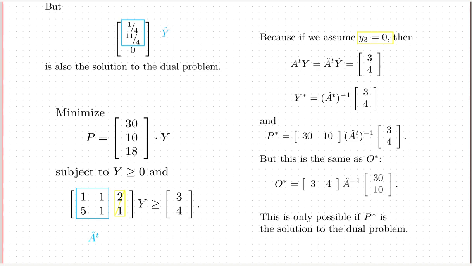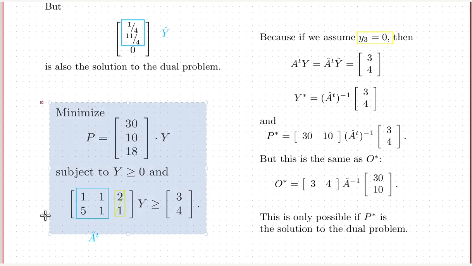So what happens if you assume that the third entry in y is just 0, then multiplying A transpose times y means that these numbers are not going to affect the value of the product, right? They're going to be multiplied by the third entry in y, which is 0, so they're going to disappear.